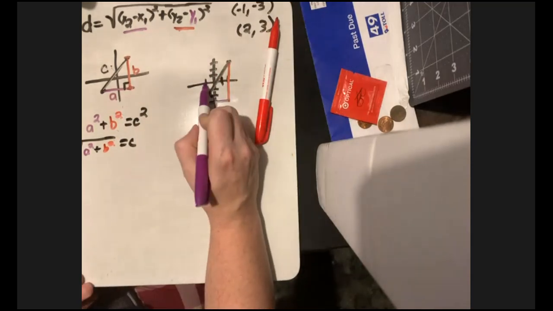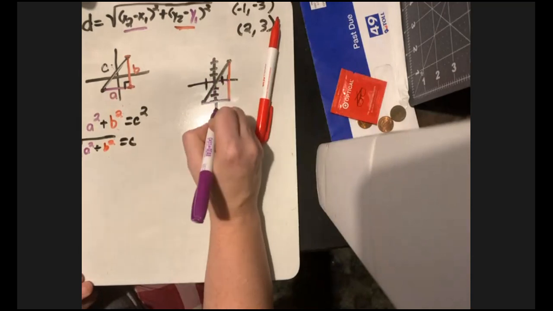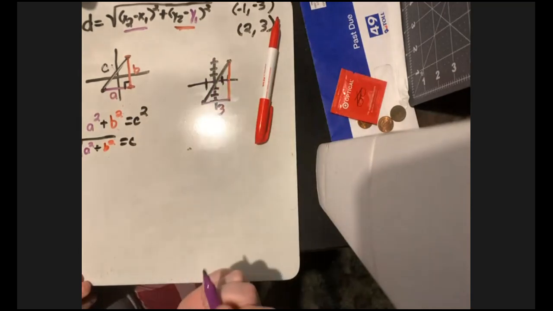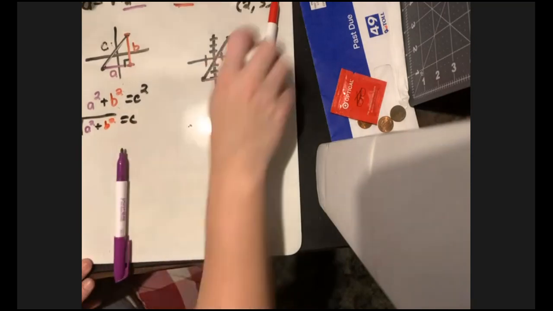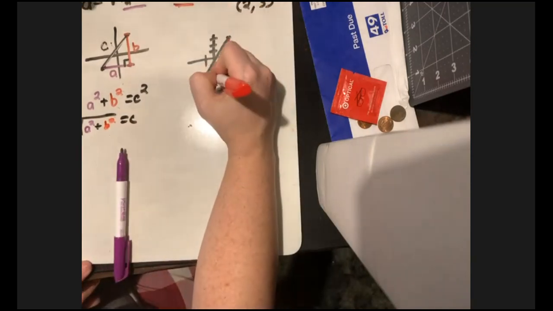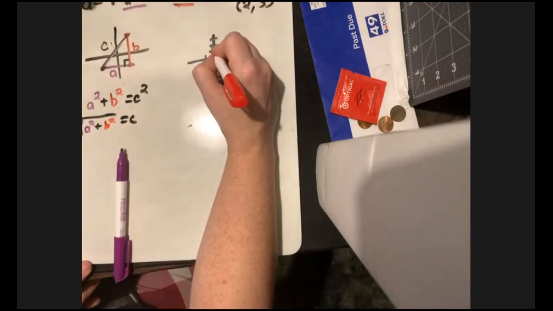So here, if I'm counting 1, 2, 3, this bottom edge has a length of 3. If I'm going up the side, I've got 1, 2, 3, 4, 5, 6. So I have a distance of 6 up the side.